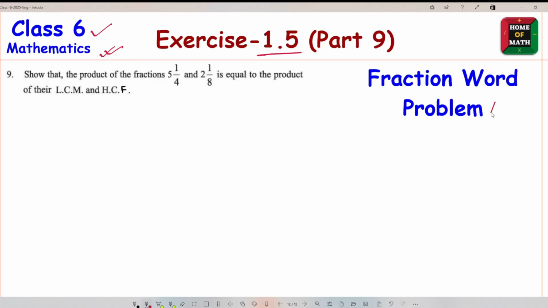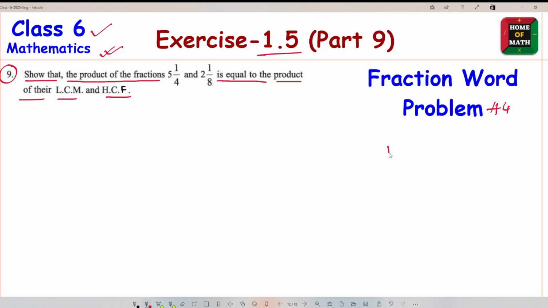Fraction word problem 4. Show that the product of the fractions 5 1/4 and 2 1/8 is equal to the product of their LCM and HCF. So here we have to find out three things.